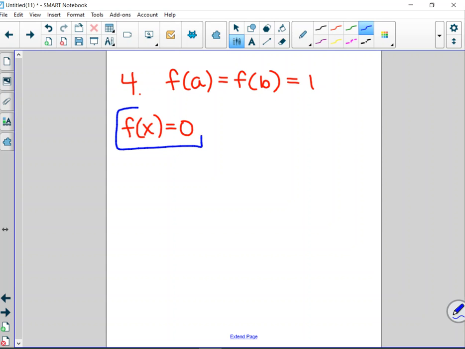When I look at something like this, from this kind of given information, that makes me think maybe I'm supposed to be thinking of intermediate value theorem. And we're talking about what has to be true. So let's think about this. f of A is 1, f of B is 1, A and B are different.